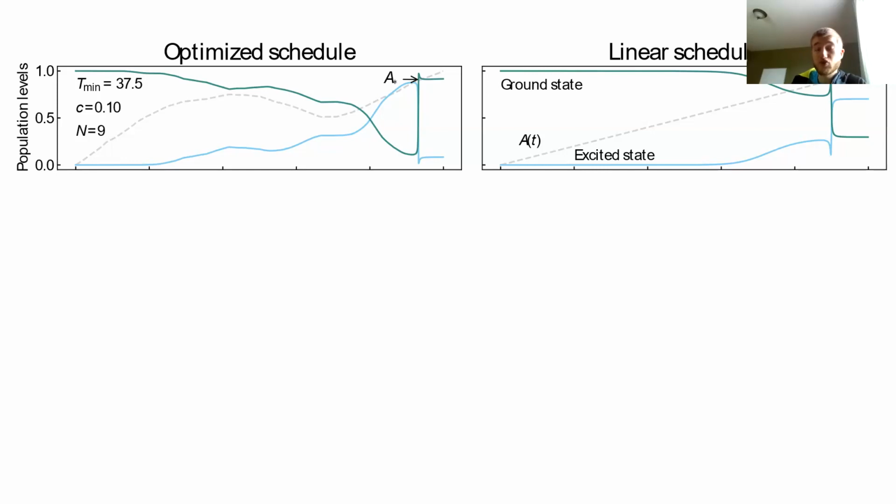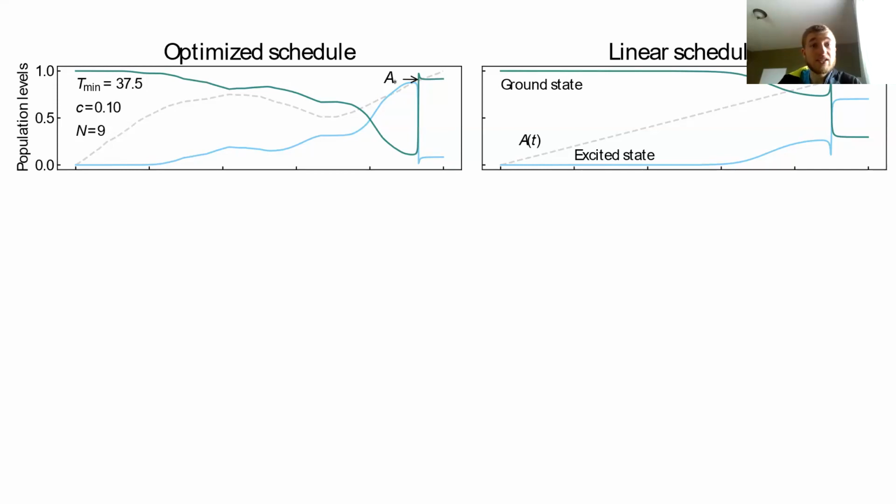So it swaps the majority between the excited state and ground state twice, where the second inversion happens at this A star, and then we bring almost all our population back into the ground state to finish the annealing. So this is what happens, at least qualitatively, for these two systems.